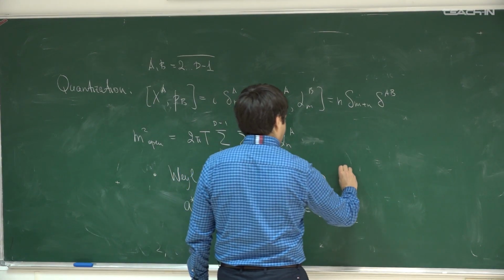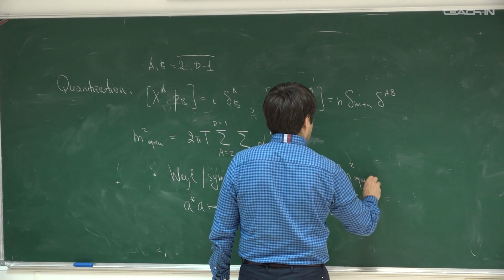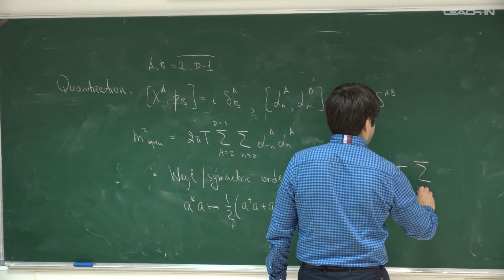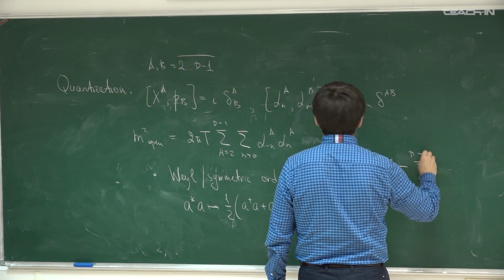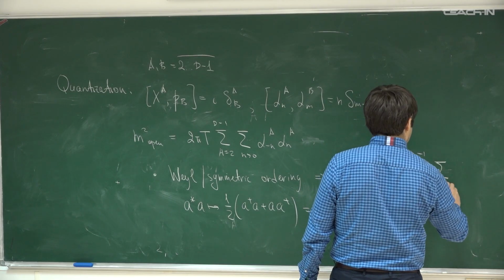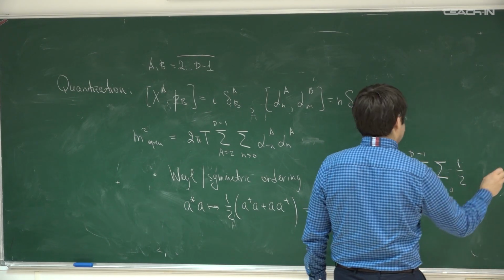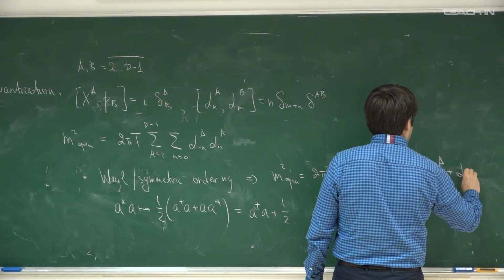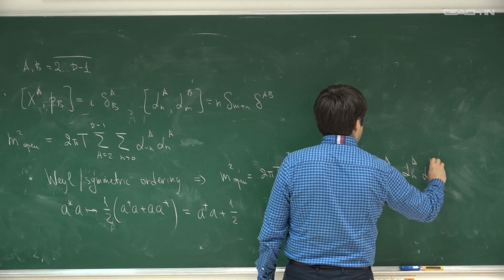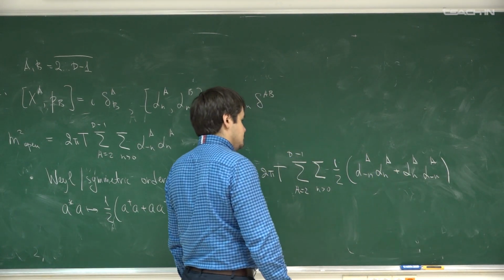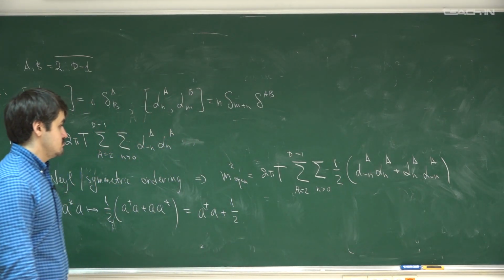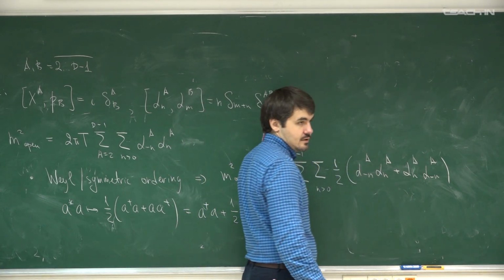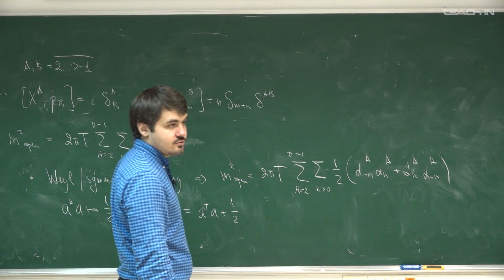This would give us 2 pi t times a sum. The oscillators with positive n are the annihilation operators, and the ones with negative n are the creation operators.